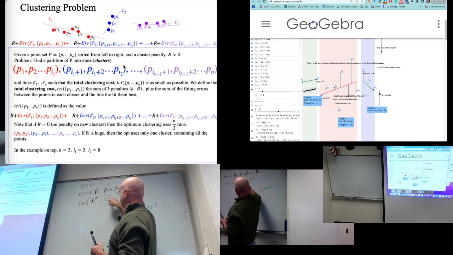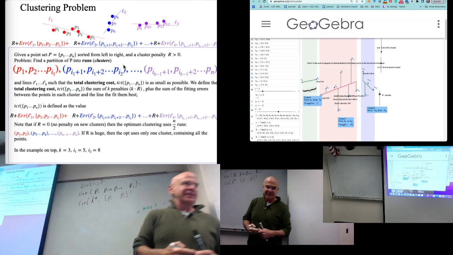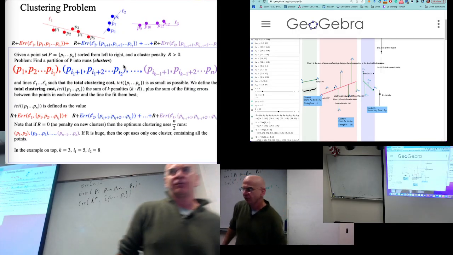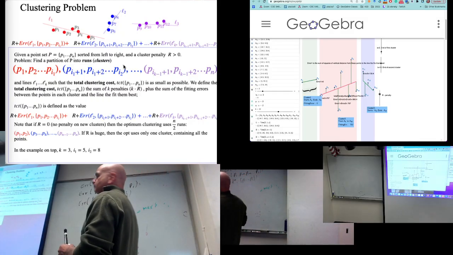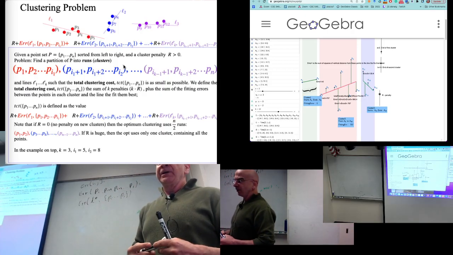So L star is the best line that fits these points, using, say, more or less a sum of squares of vertical errors. Okay, so that's our notation, error of i,j.